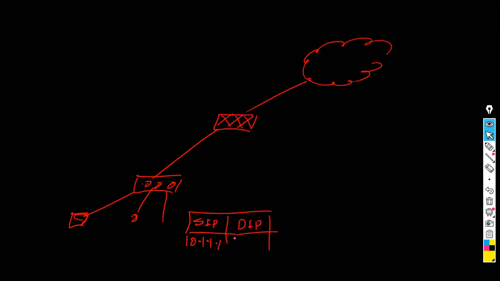It wants to access Facebook, so let's say 59.x.x something. Then it will have a source port, let's say 45001. That will be randomly generated here.